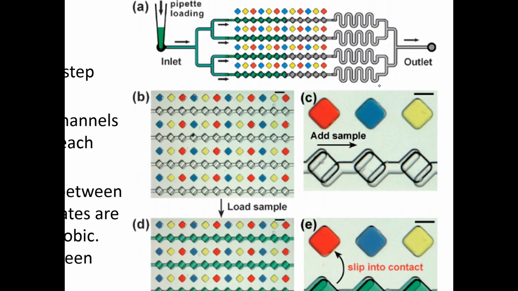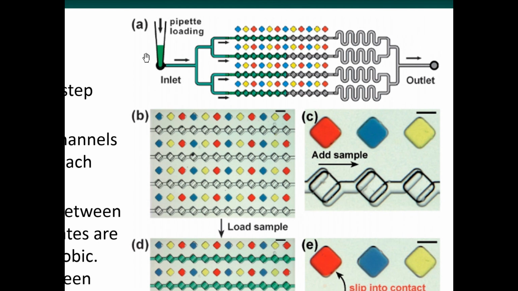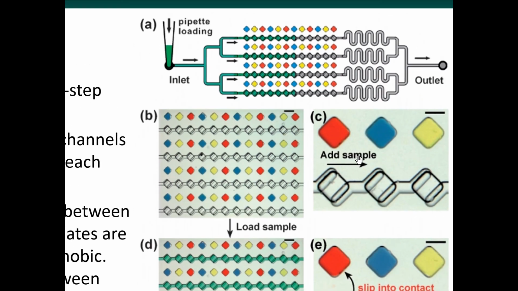So let's look at how this works. There's a two-layer chip. One layer contains these wells, square wells, and the other layer contains a fluidic channel that looks something like this. Now, what's the best way to explain this?